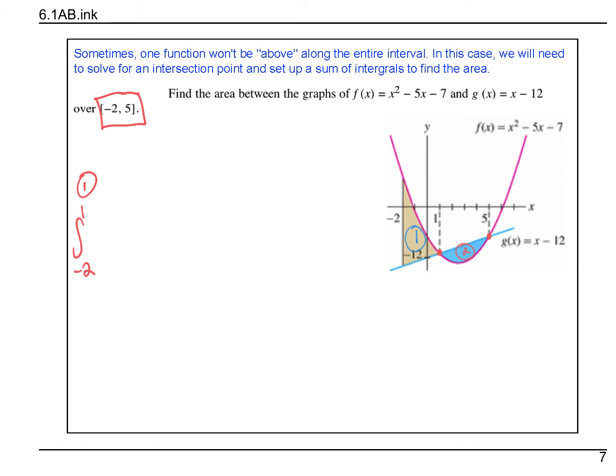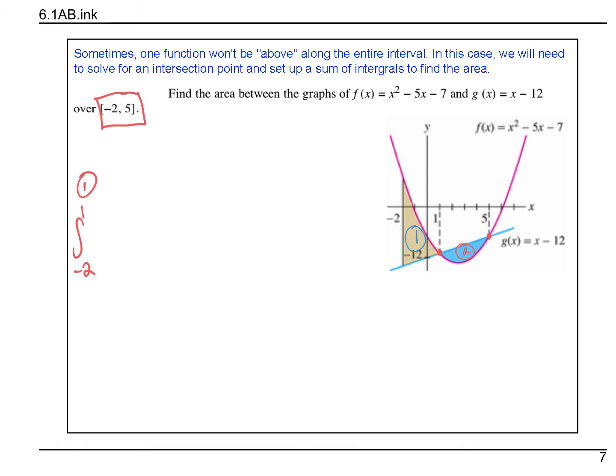It's going to be +7. We're looking at area. That distance is a positive distance. So even if we are below, as long as you're correctly picking top minus bottom, it will go positive for us. So all area bounded between two curves will be positive. If you get a negative result, that means you need to flip your functions, most likely, or flip your limits of integration, most likely.